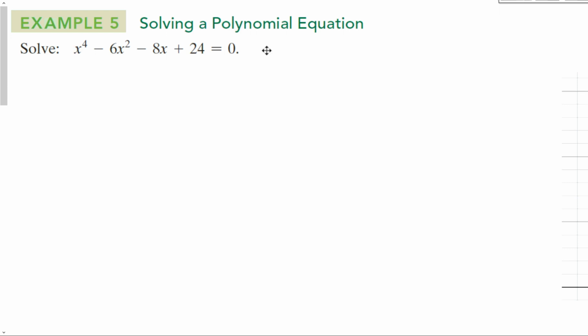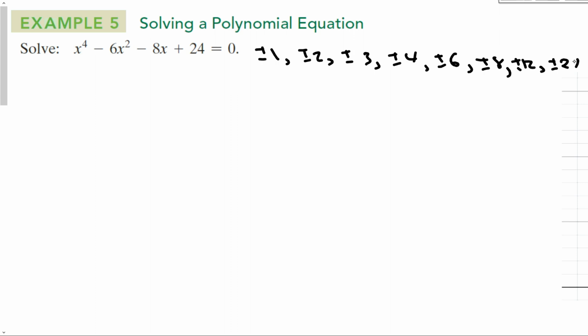So that is going to give me plus or minus 1, plus or minus 2, plus or minus 3, plus or minus 4, plus or minus 6, plus or minus 8, plus or minus 12, and plus or minus 24.